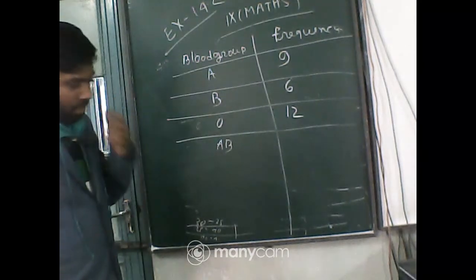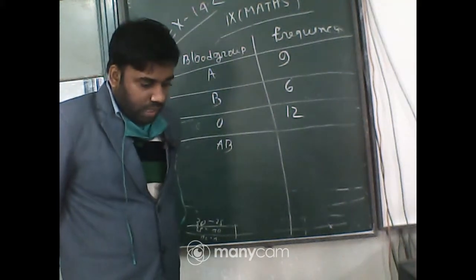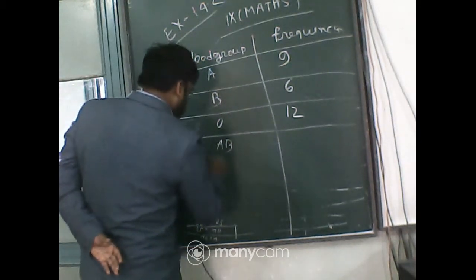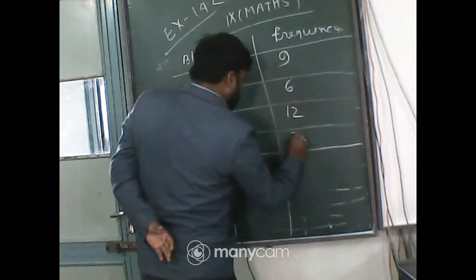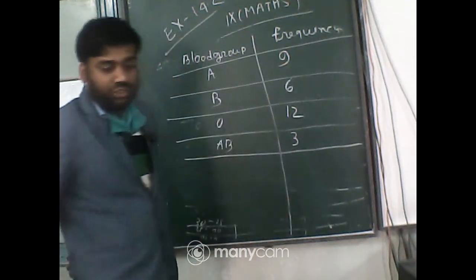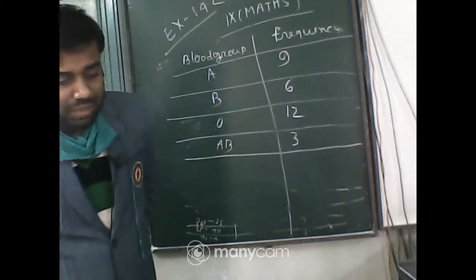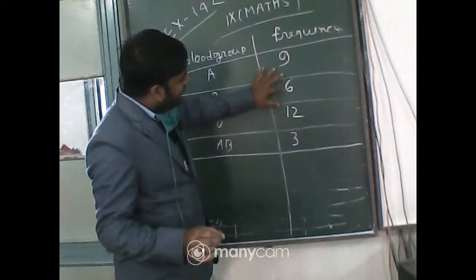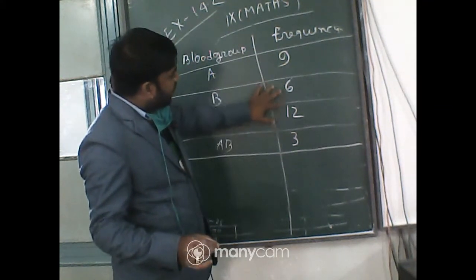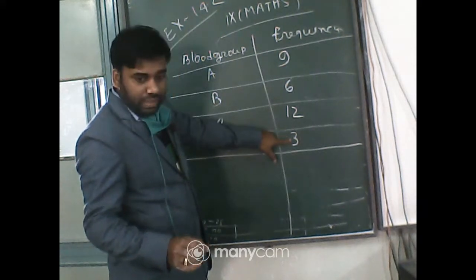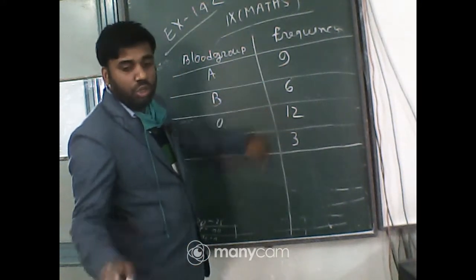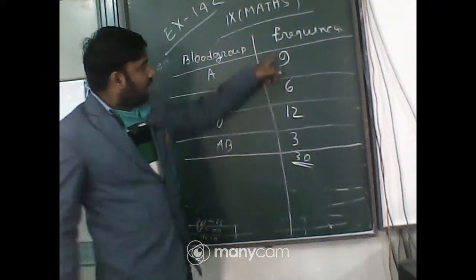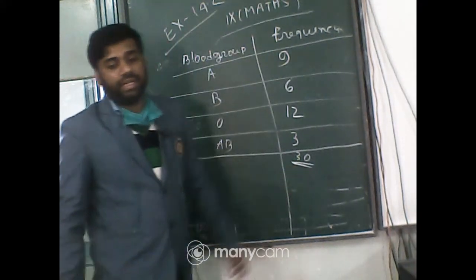And AB, that is 3. One thing, students: 9 plus 6 is 15, 15 plus 3 is 18, 18 plus 12 is 30. So you get the total number of students. The sum of the frequencies should be 30.